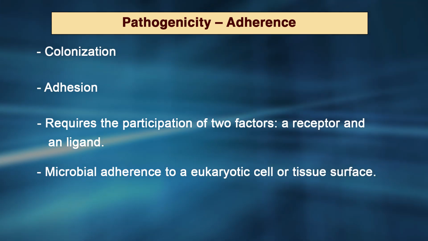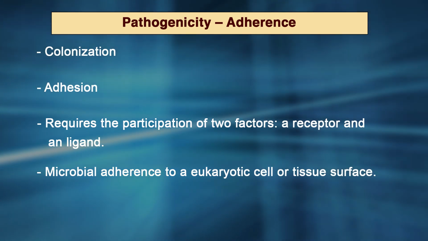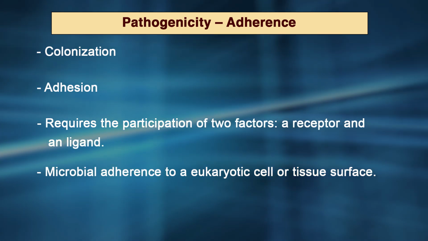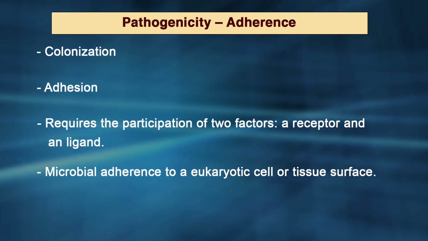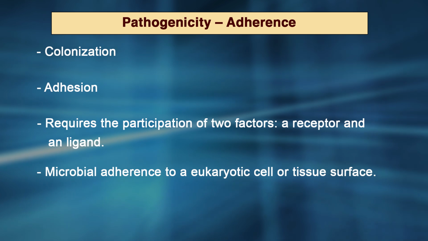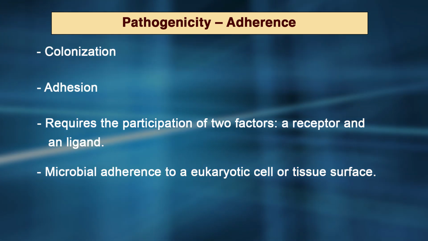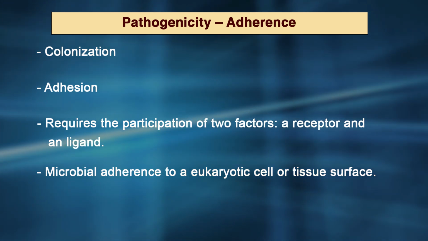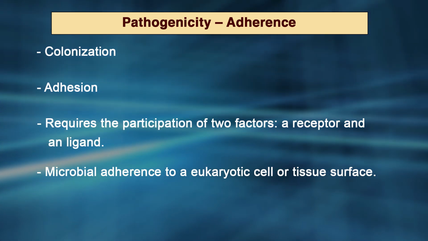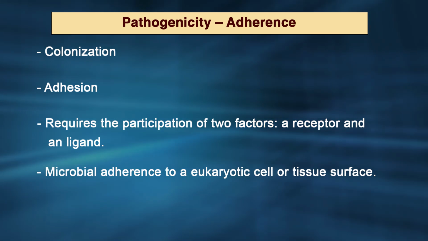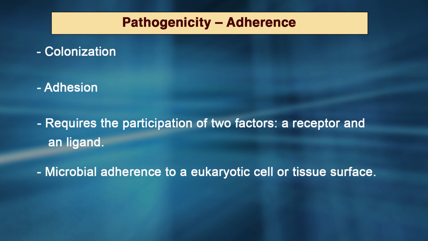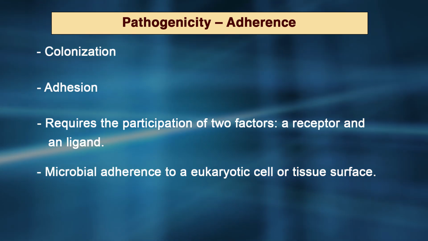Colonization and adhesion are the most important properties of adherence. Colonization is the first stage of microbial infection, the establishment of pathogens at the appropriate portal of entry. Adherence, also termed attachment, is often an essential step in bacterial pathogenesis or infection, required for colonizing a new host.